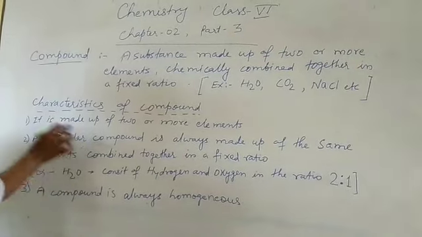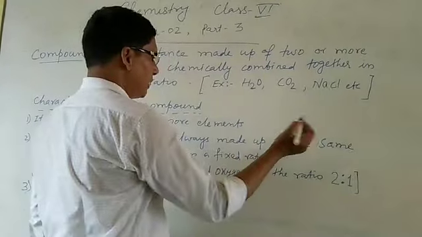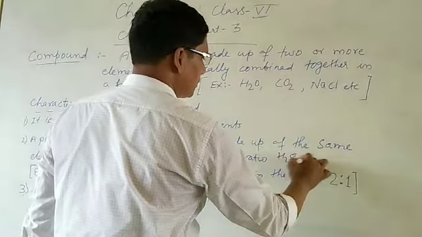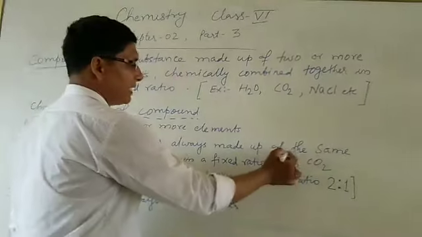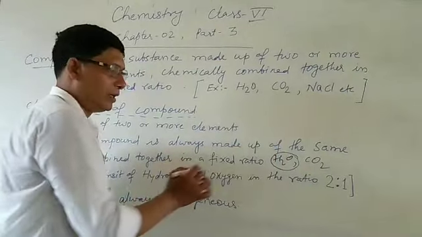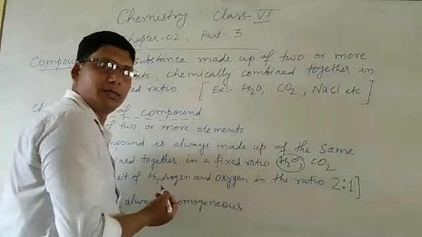What I mean to say here is about a particular compound, like water, H2O, or CO2. Just take the example of water. It is one compound. What is its formula? What does it consist of? Hydrogen and oxygen.